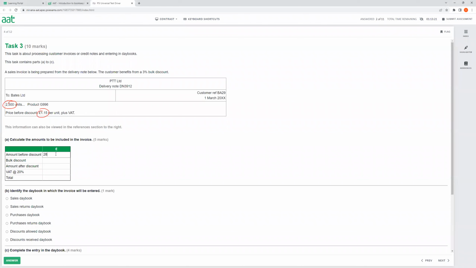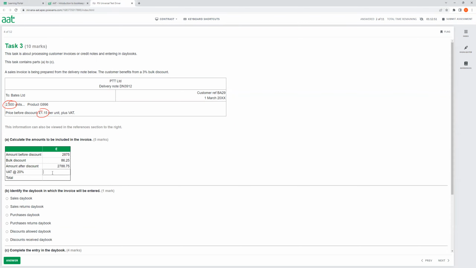That is 2,875. Then you have a bulk discount of 3%. So the bulk discount will be 86.25, which is 3% of 2,875. After the discount, 2,875 minus 86.25 gives us 2,788.75, and the VAT is 20% on this amount after the discount.